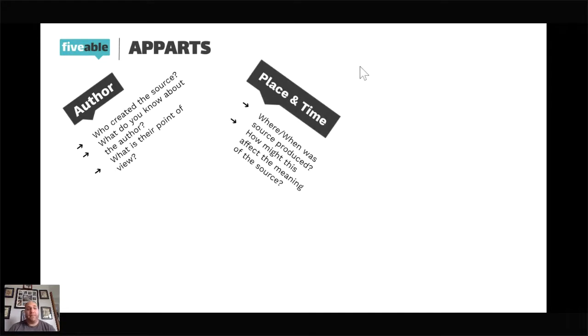Next is place and time. To me, this is the most important thing with a history source. You've got to know place and time, because that gives you so much information about what is going on in a document or in the question that's being asked of you.